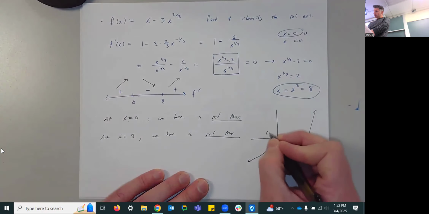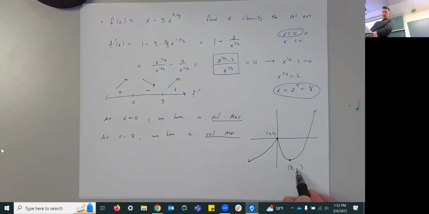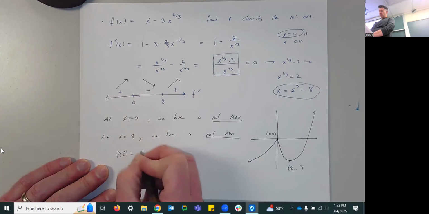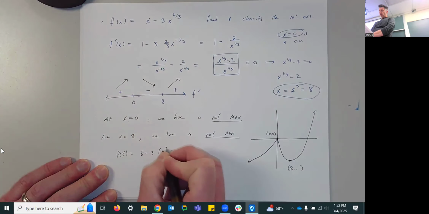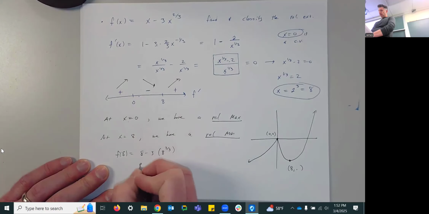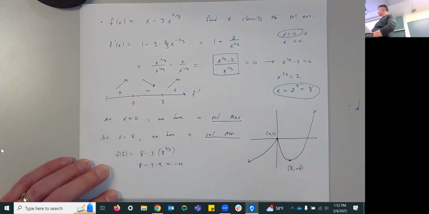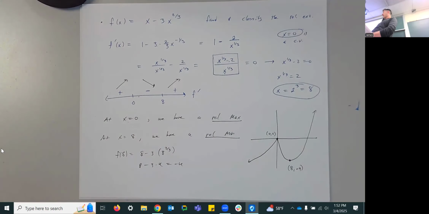This is 0 comma. We could find the other coordinate here. If you plug in 8 to this function, f of 8 is 8 minus 3 times 8 to the 2/3, which is 8 minus 3 times 4, which is negative 4. And often when you're graphing functions like this, you will need to actually find the y coordinate of your relative extrema as well.